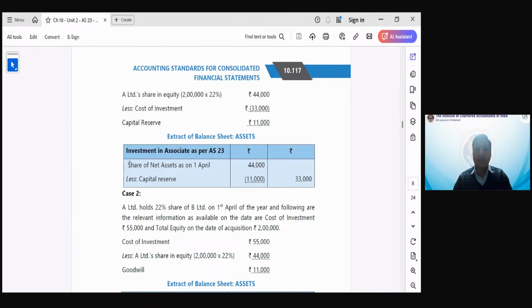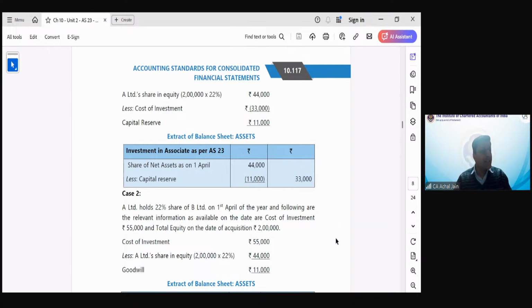To begin with, you will have share of net assets, 44,000, plus capital reserve. Because capital reserve is going to be a negative figure, the net amount is going to be the cost of investment. Eventually, you have to reach the cost of investment, to be shown in the consolidated financial statements.